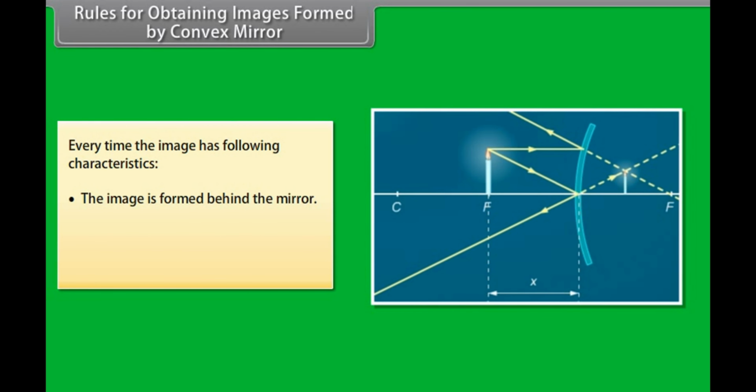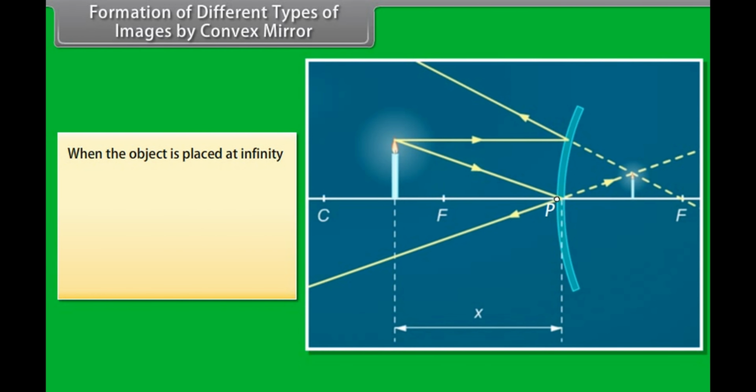Every time, the image has the following characteristics. The image is formed behind the mirror. It is virtual and erect, smaller than the object. Formation of different types of images by convex mirror. When the object is at infinity, the image is formed behind the mirror.